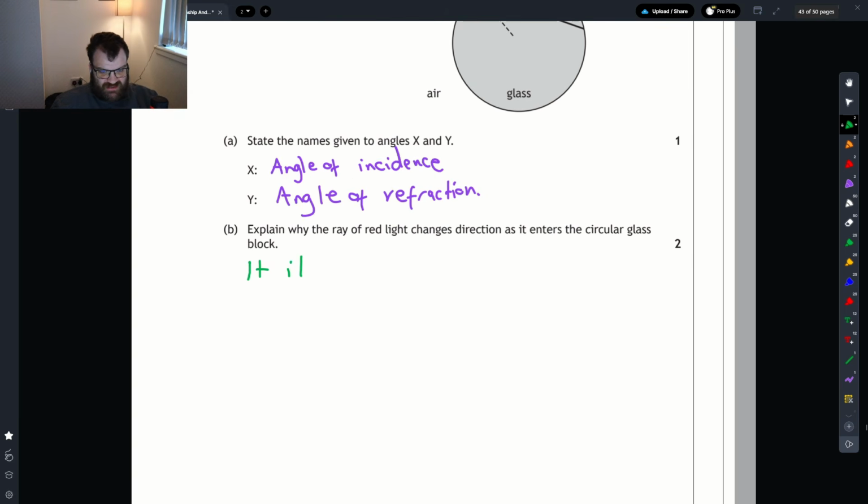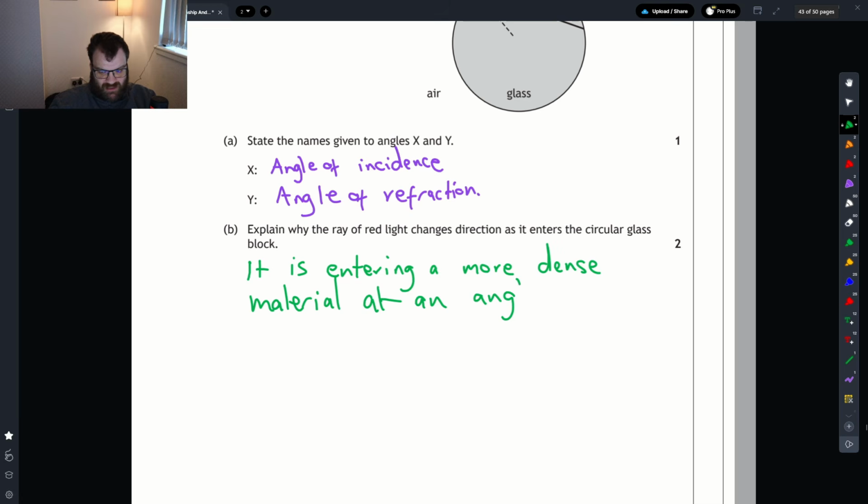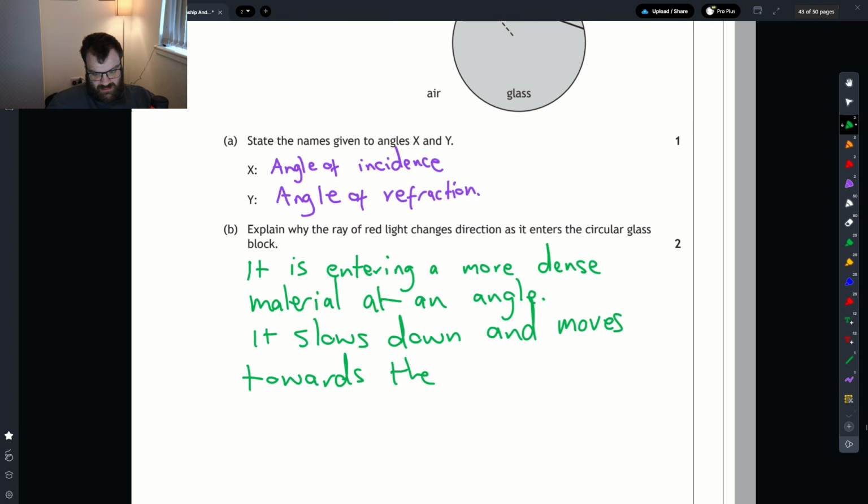So the light is entering a more dense material at an angle, and therefore it slows down and moves towards the normal.